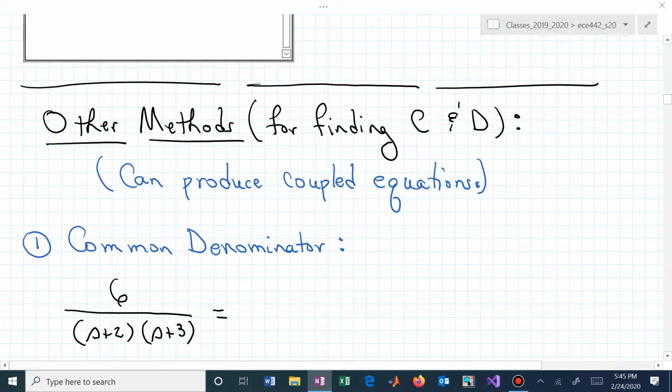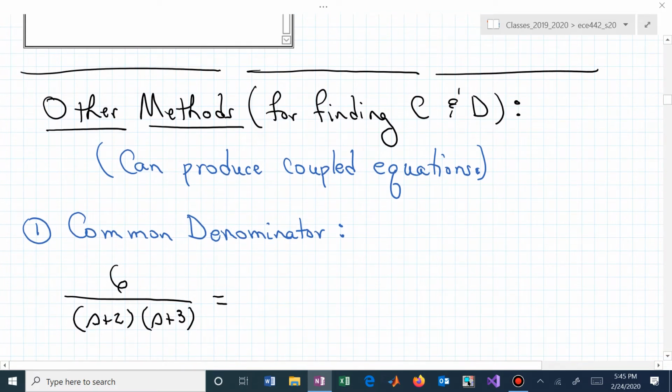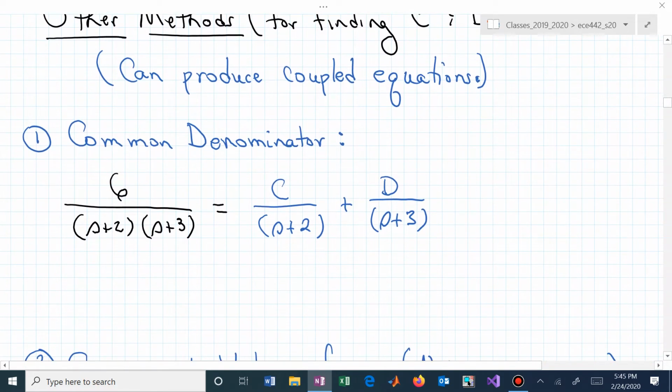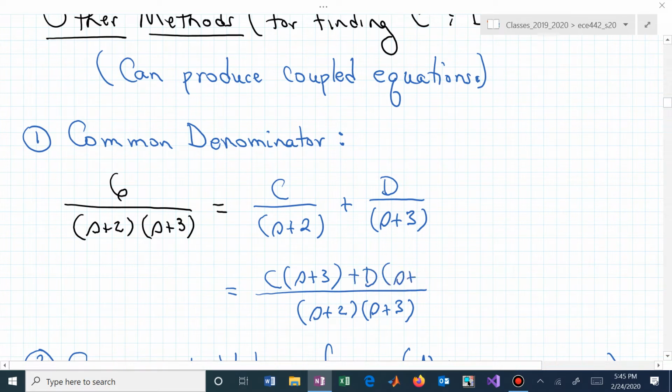What if we now did a common denominator approach to trying to find C and D? Here we're saying, we still have C over s plus 2 plus D over s plus 3. But now we can put those back over the same common denominator. If we do that, then we have to scale C by the factor s plus 3, and we scale D by the factor s plus 2.